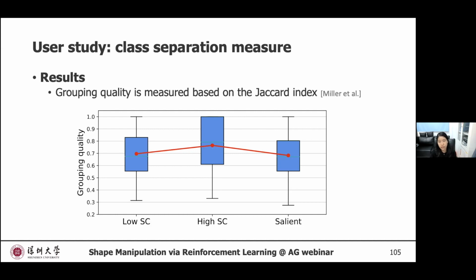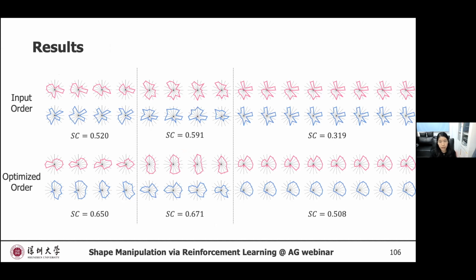In most situations, users were able to tell the perceptual difference between different glyphs more clearly for sets ordered with a high SC. Here are some view results. We can see that the glyphs with optimized coordinate orders have better contrast between classes.